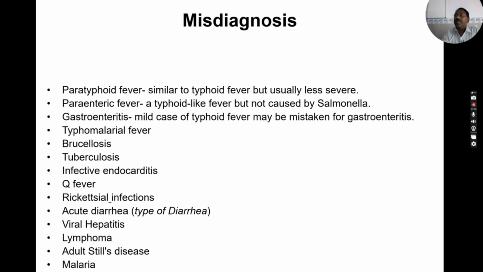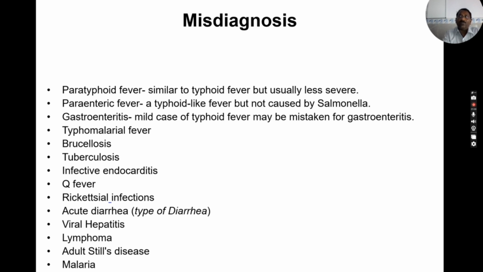So these are all the misdiagnoses already. DDs I already told you all these things. Paratyphoid fever is similar to typhoid but usually less severe. Paraenteric fever, a typhoid-like fever but not caused by Salmonella. Gastroenteritis, a mild case of typhoid may be mistaken for gastroenteritis.